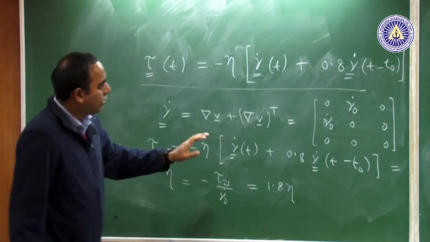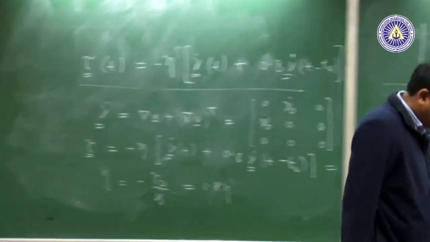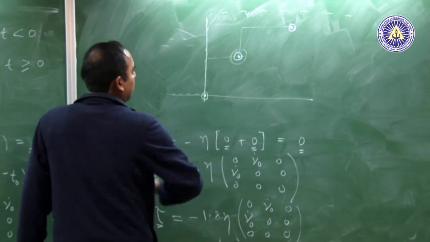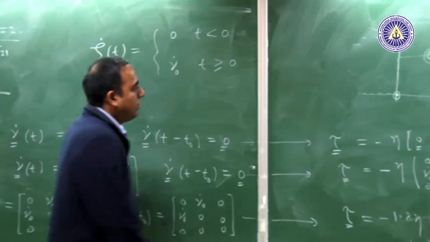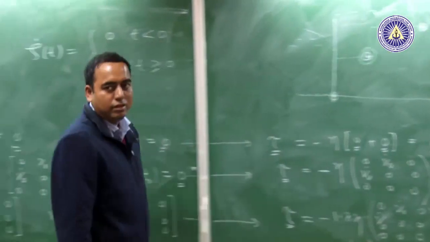Okay? What I wanted to do is add one memory term to highlight the fact that earlier it was just 0 and the final value. Here you add one memory term, you have 0, the final value, and then an intermediate value.